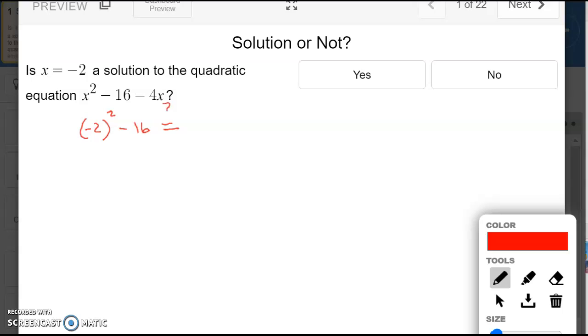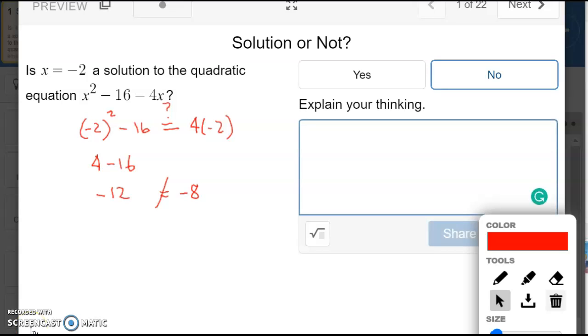Is that equal to 4 times negative 2? The left-hand side becomes positive 4 minus 16, which is negative 12. Is that equal to 4 times negative 2, which is negative 8? Negative 12 is never equal to negative 8. So that is not true, and no, this is not a solution.